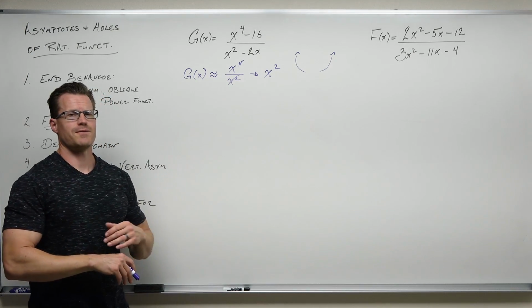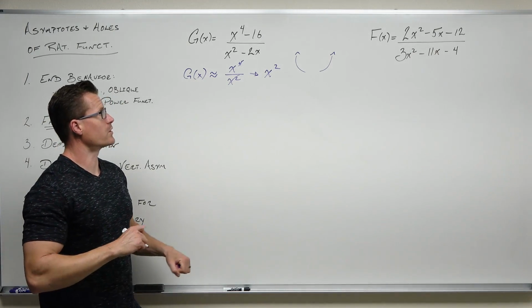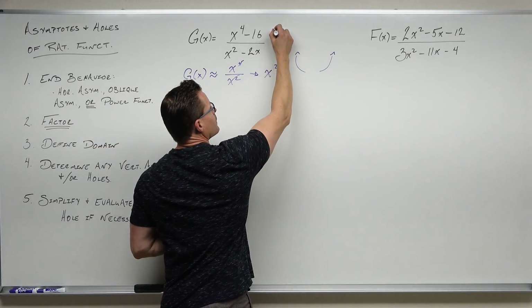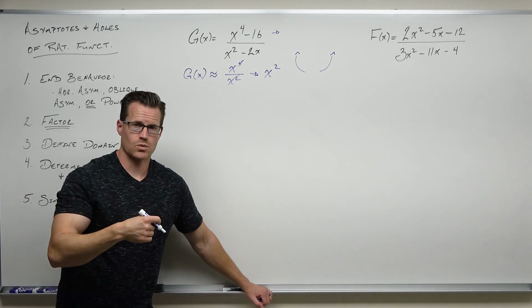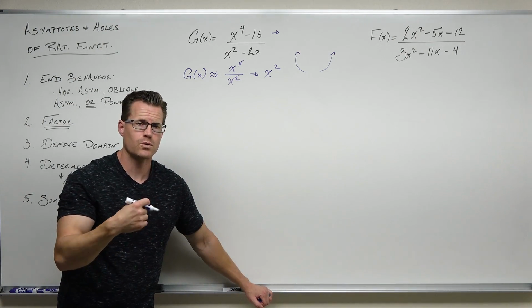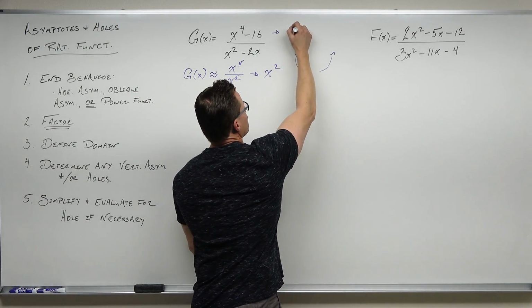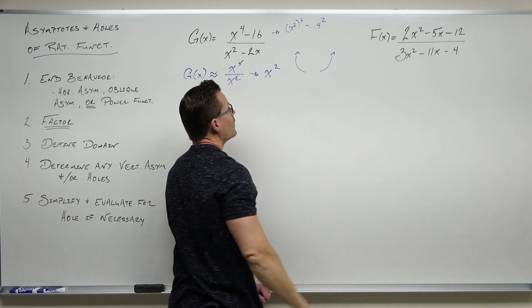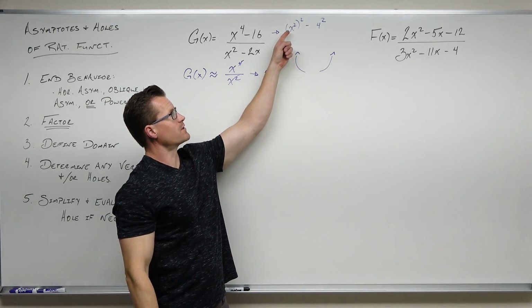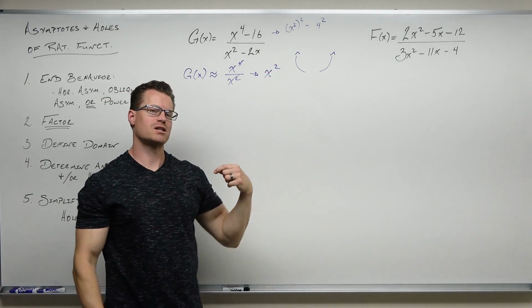Next thing we do is factor everything. So on our numerator, sort of like the last example, we think of this as x squared squared minus 4 squared. Well, when we factor that, that's going to give us x squared minus 4 and x squared plus 4.